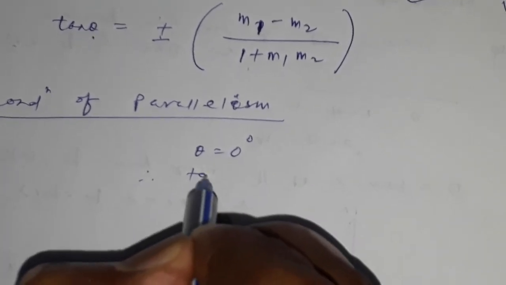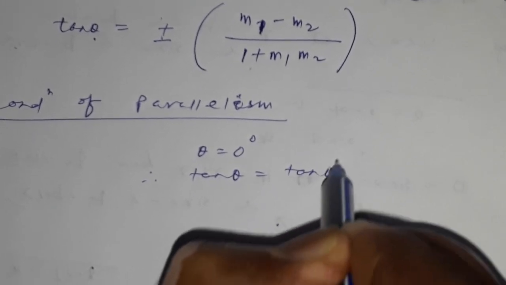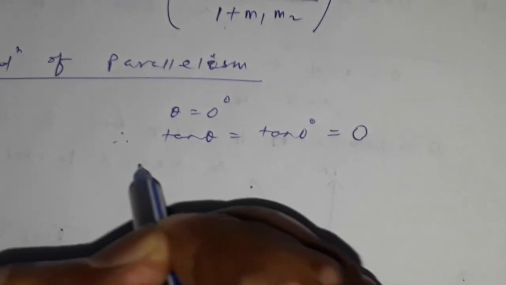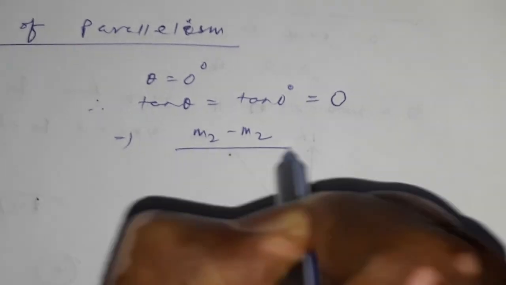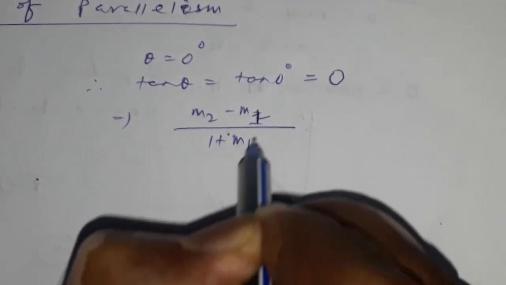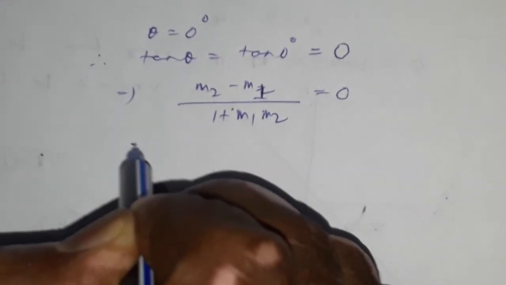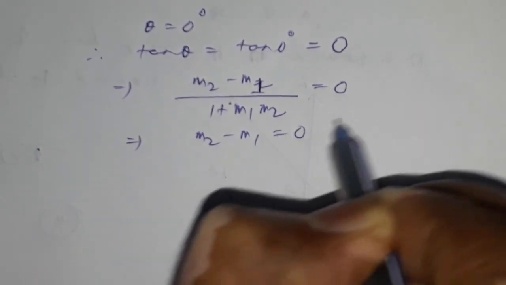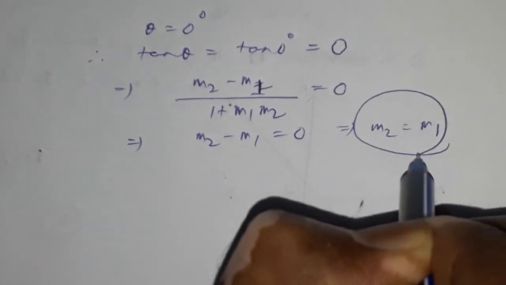Therefore, tan theta equals tan 0 degree equals 0, implies m2 minus m1 by 1 plus m1 into m2 equals 0, implies m2 minus m1 equals 0, implies m2 equals m1.